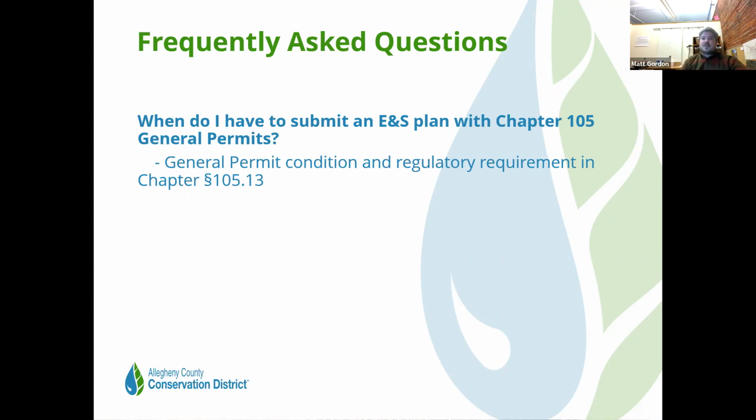Just allow a few more moments here. Okay. Overwhelmingly, people got this correct. 100 feet is the definition of a stream enclosure in the GP7 permit conditions and in the 105 regulations. And again, if you have a minor road crossing that's going to be more than 100 feet in length, a culvert, it cannot be covered under the GP7.